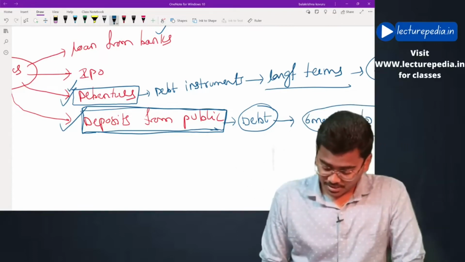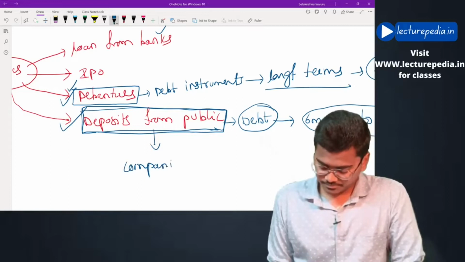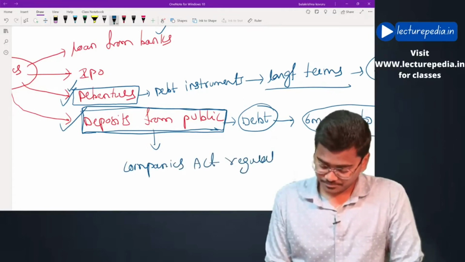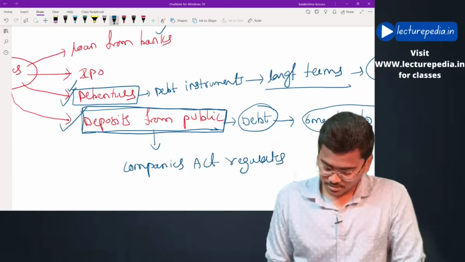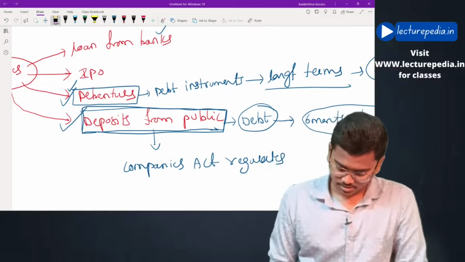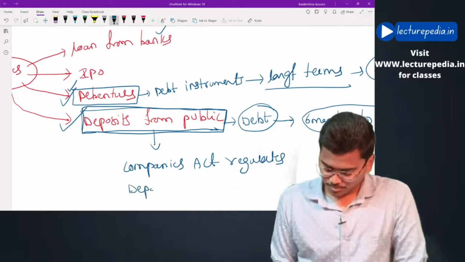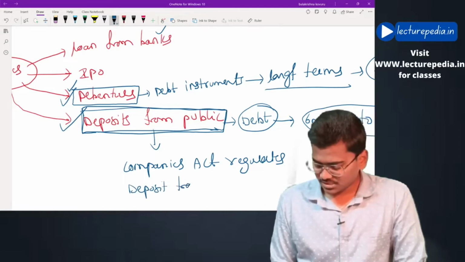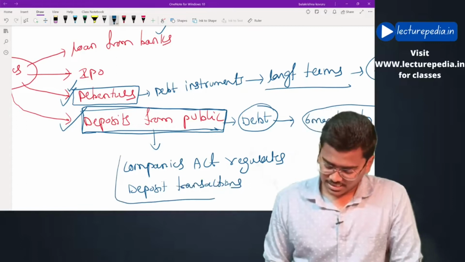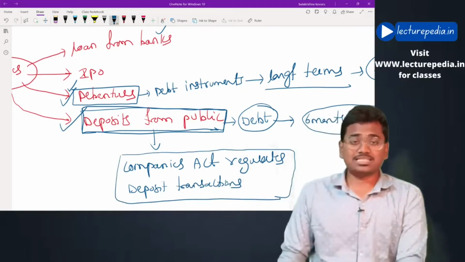Thereby the Companies Act regulates these deposit transactions. Generally it specifies various restrictions on raising deposits.